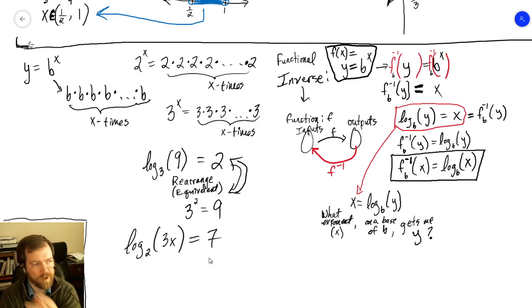And if you wanted to rearrange this in order to solve for x, this is actually possible. You could say, okay, well, 2 is my base. The exponent on a base of 2 was the thing outside over here, so that's 7. So 2 to the 7th is going to be equal to 3x. 3x is the exponential term.